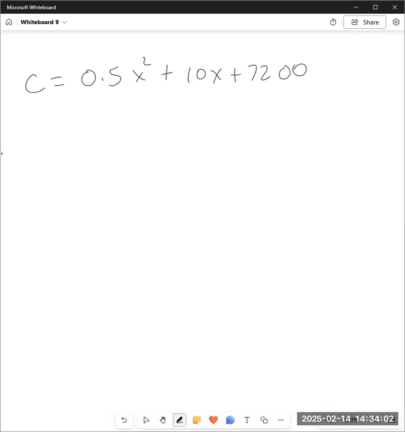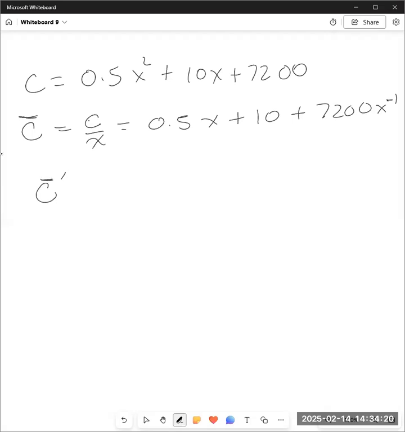So C bar, the average cost, is equal to C divided by x, which is 0.5x plus 10 plus 7,200x to the negative first. So C bar prime is equal to 0.5 minus 7,200x to the negative second.